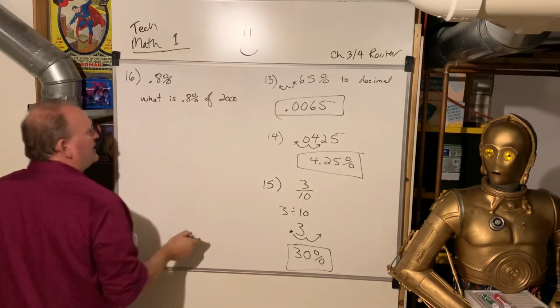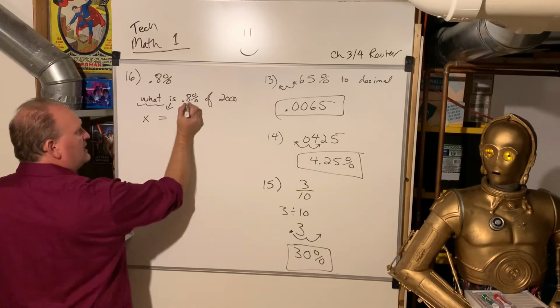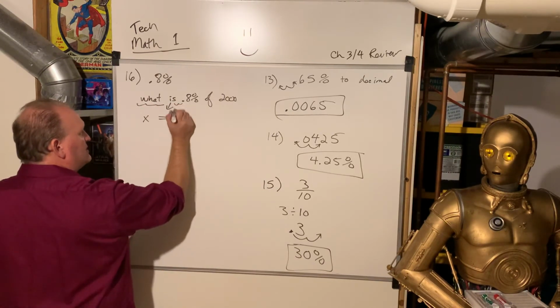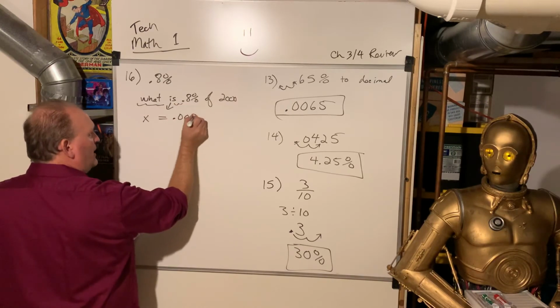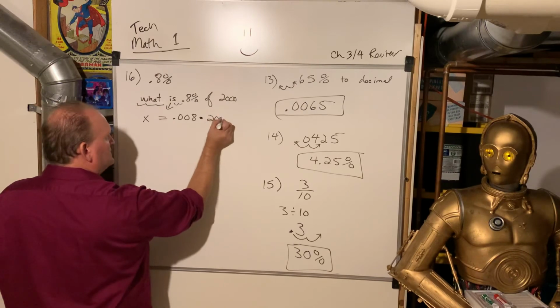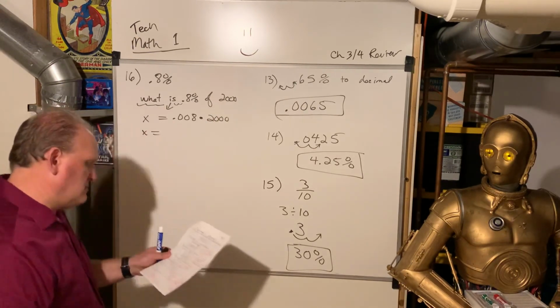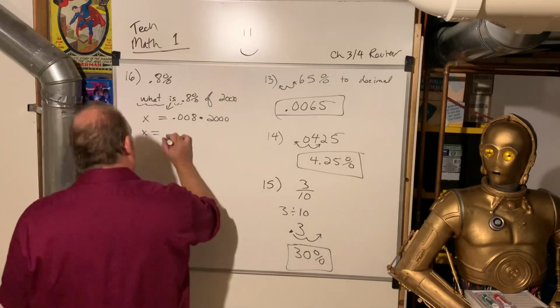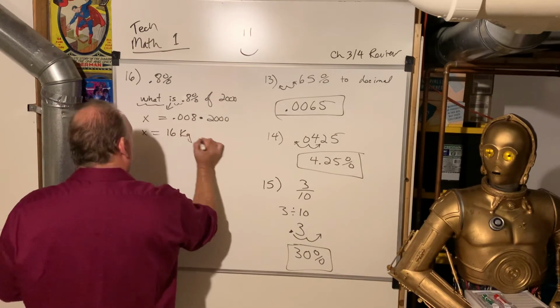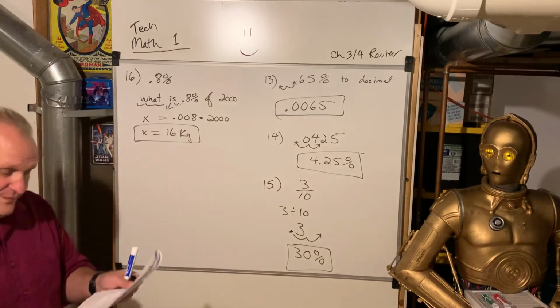That's the question at hand. What is X? Is means equals. I make that into a decimal. That's two places, so 0.008. Of means times, and 2,000 still means 2,000. So we're talking about 16 kilograms of uranium for that problem.